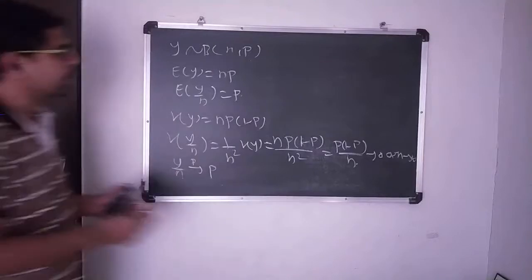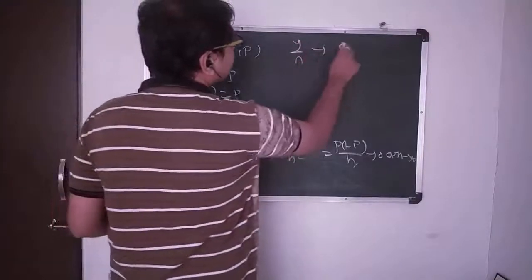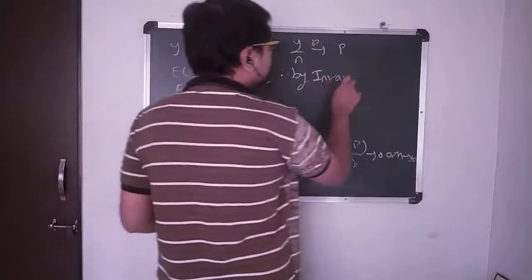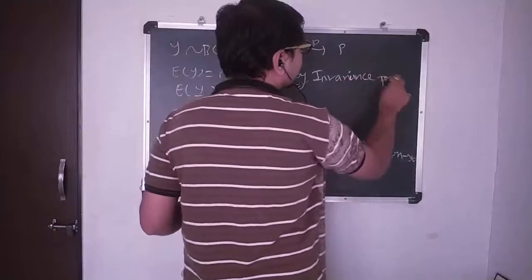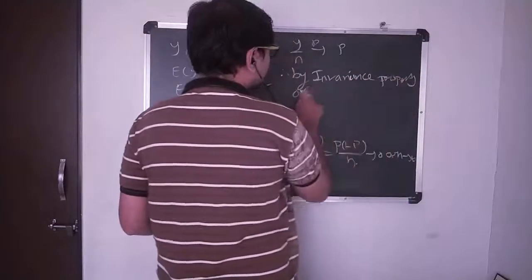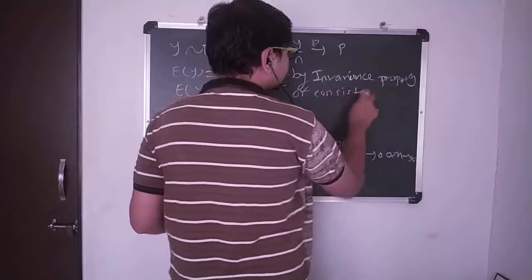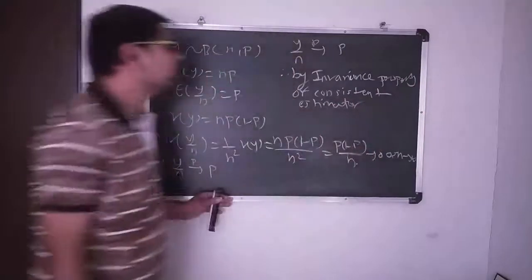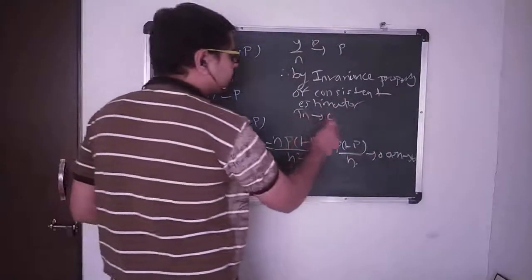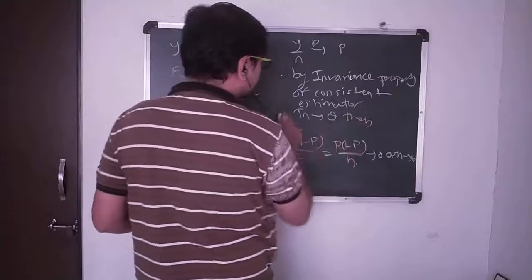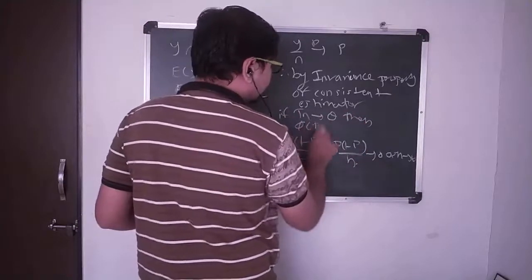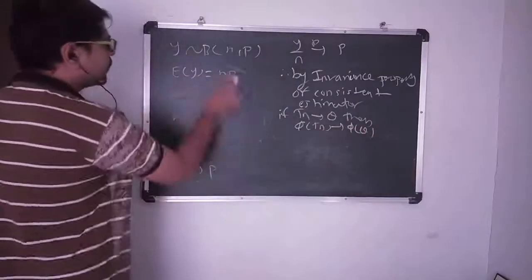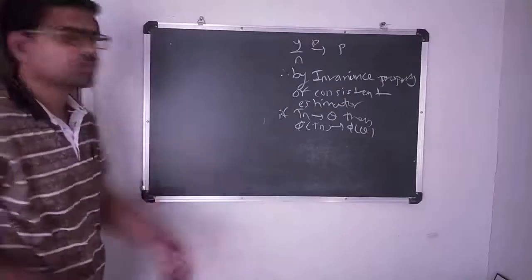Now as Y/n is a consistent estimator of p, by the invariance property of consistent estimators, if Tn is a consistent estimator of theta, then phi(Tn) is a consistent estimator of phi(theta), where phi is any continuous function.